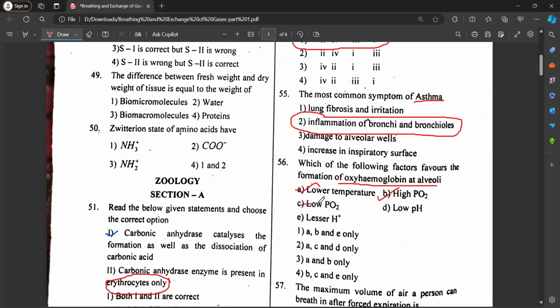Low PO2, no. Low pH, no. How can we say this? High partial pressure of oxygen, then low PCO2, low temperature, and it should be high pH. Then lesser H plus ions. So the option is A, B, E only.